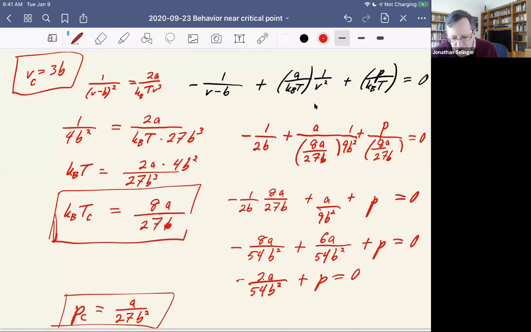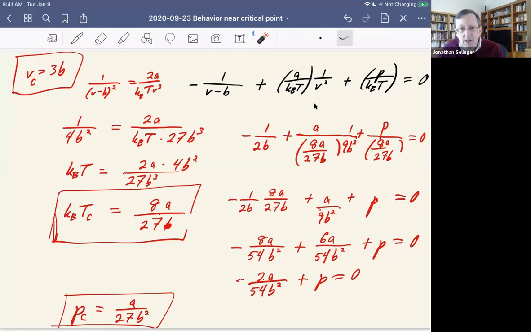If we are in the funny units where A and B are equal to 1, then VC is just 3, the critical temperature is just 8/27, and the critical pressure is 1/27. If you work those out in decimals, those agree with the results that we had on the graphics.